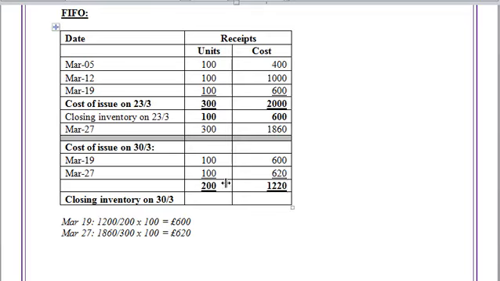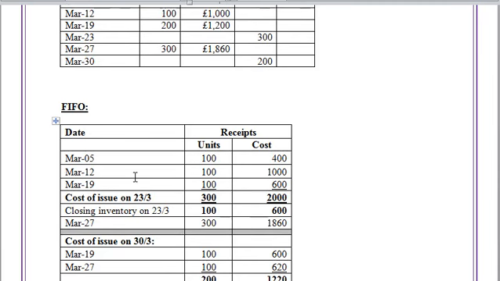Then, of course, we have to look for the closing inventory on the 30th of March. Remember, the only items I have now are the items I bought on the 27th of March. I've issued 100 units from this bracket, so I have another 200 units remaining. So I throw my 200 units in there.